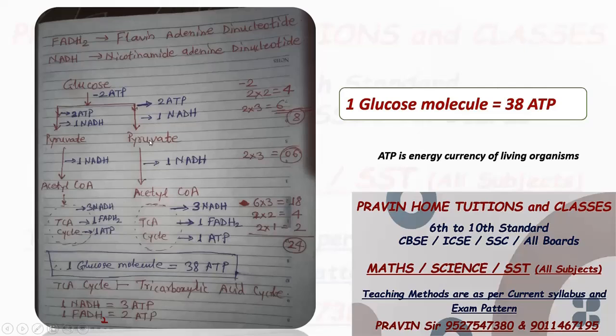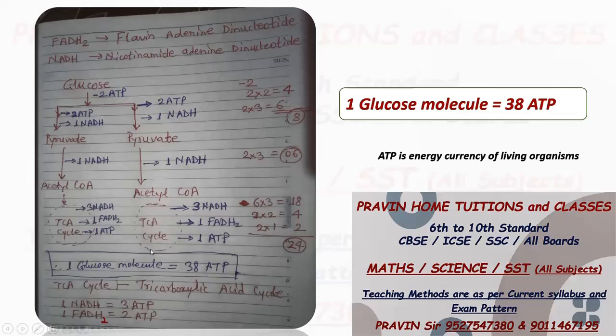Then pyruvate acid is again broken down into acetyl coenzyme A. This reaction releases one NADH molecule. Then acetyl coenzyme A goes further into the TCA cycle, that is tricarboxylic acid cycle, and does a series of chemical reactions.